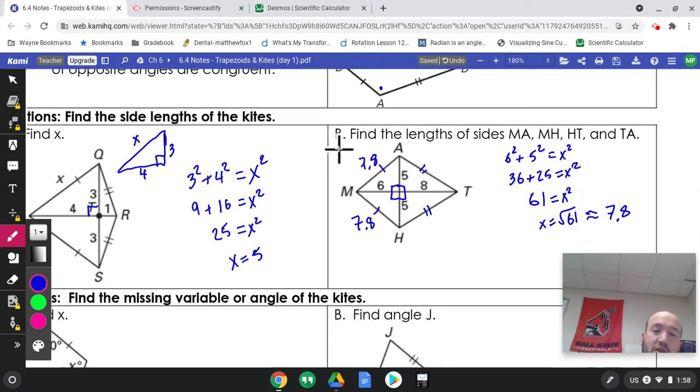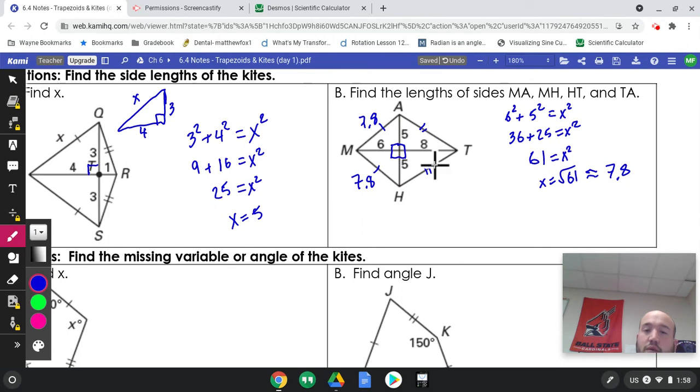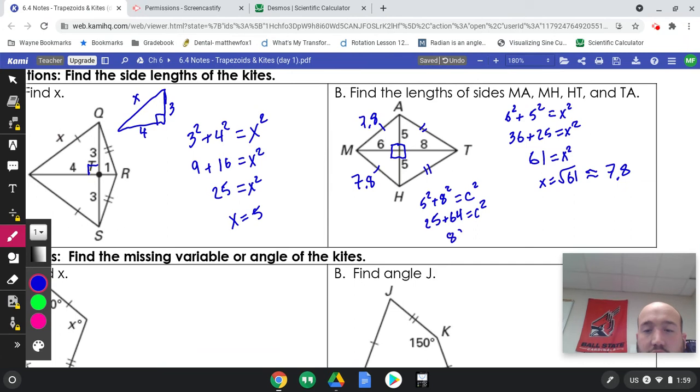Now to find this other missing side, we know these will be the same, but we've got to do the same process. So 5 squared plus 8 squared equals, once again, I'll put c squared this time. So 25 plus 64 equals c squared. We're going to get 89 equals c squared. Square root of both of those.